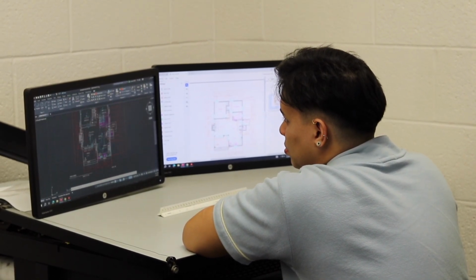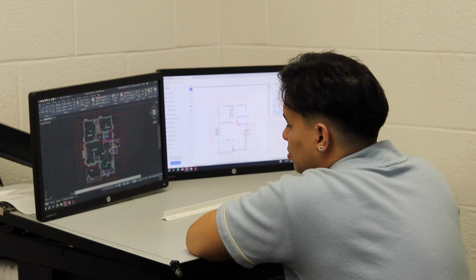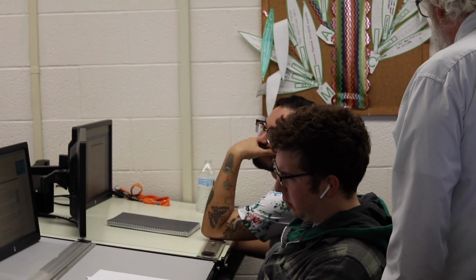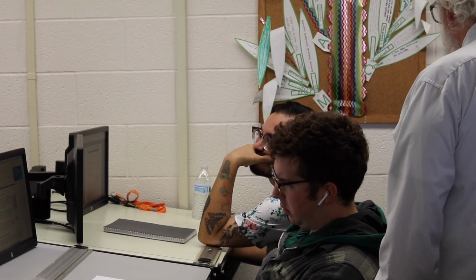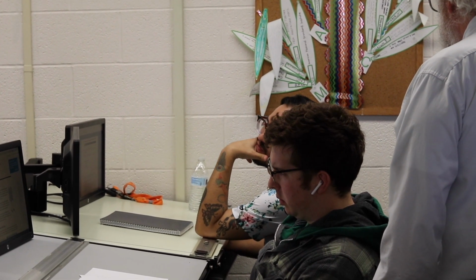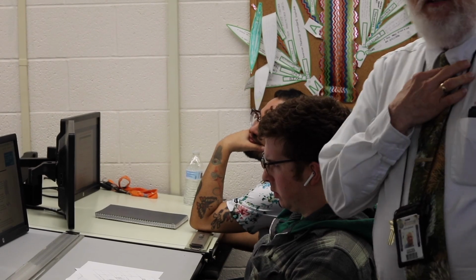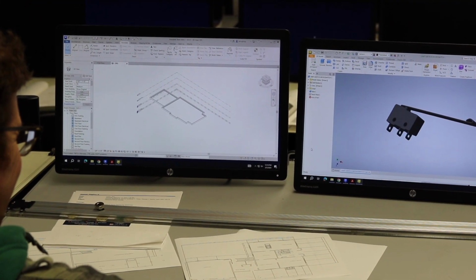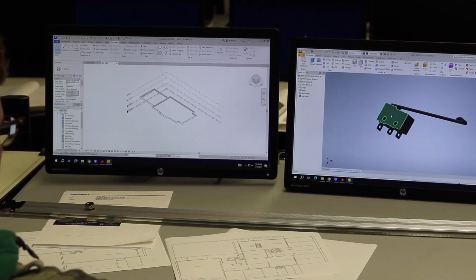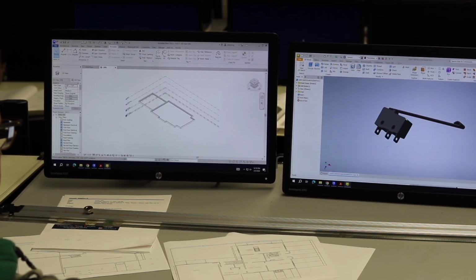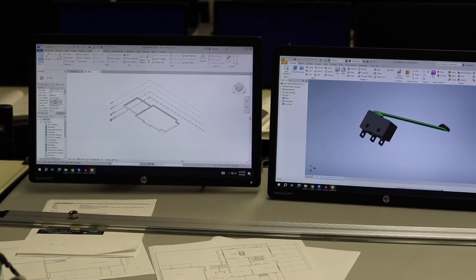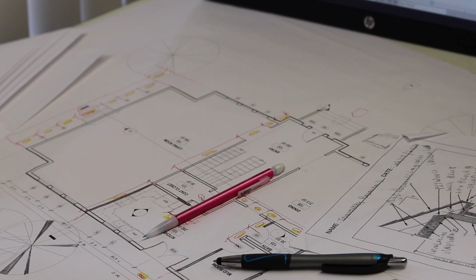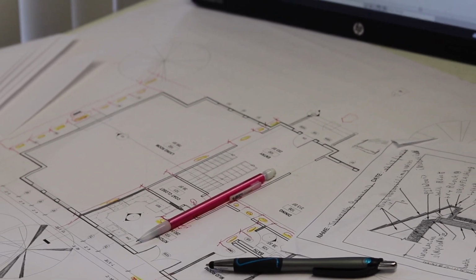Upon program completion, they honor credits here. For the architecture and construction degree, it is 12 credit hours of their electives, which is half, and the drafting and design degree program at Valencia, they honor up to 19 credit hours.